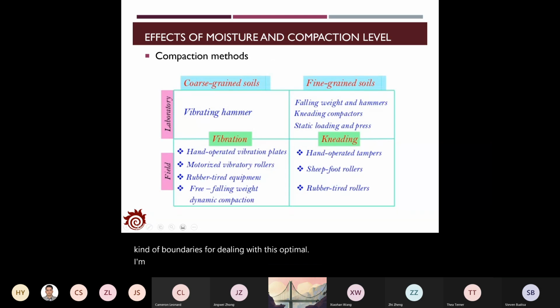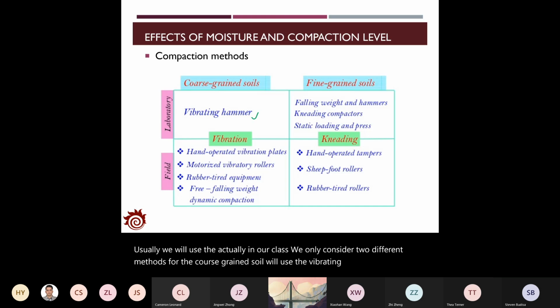So in reality, we have multiple ways to conduct the compaction. In the lab, in our class, we will only consider two different methods. For the coarse-grained soil, we will use the vibrating hammers, and this is conducted in the resilient modulus test.